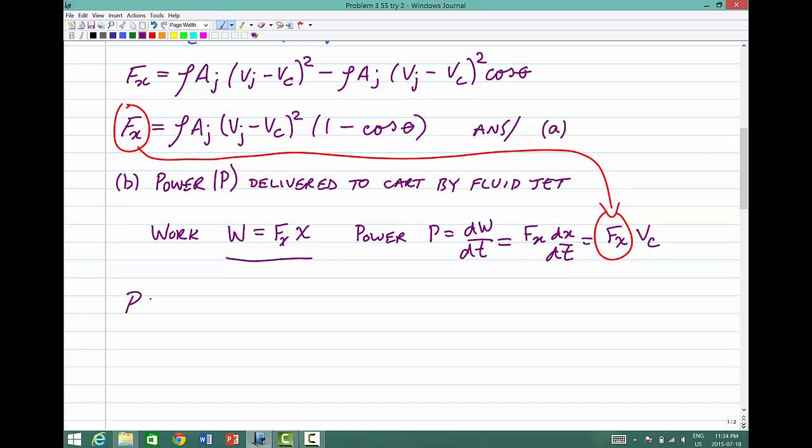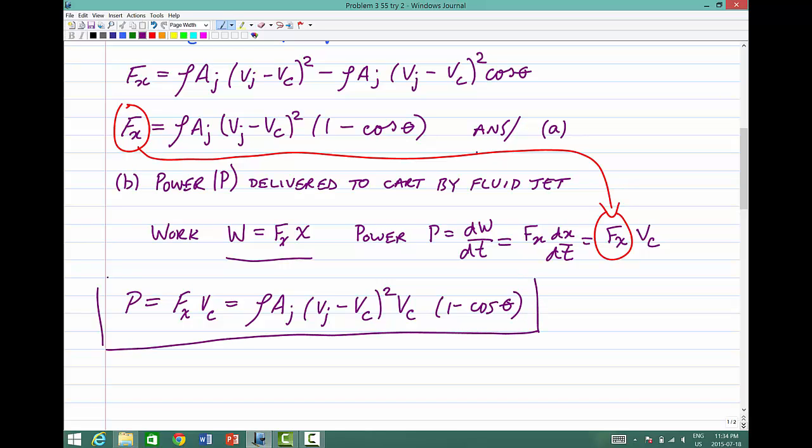So power then equals Fx times Vc, which equals rho a jet (v jet minus v cart) squared times the cart velocity, times (1 minus cos theta). And that's the expression for the power that the fluid jet imparts to the cart. And I believe that's the answer to part B.